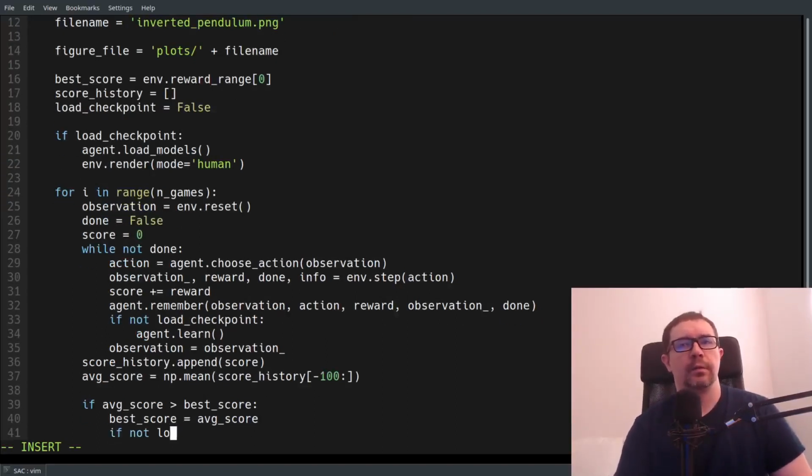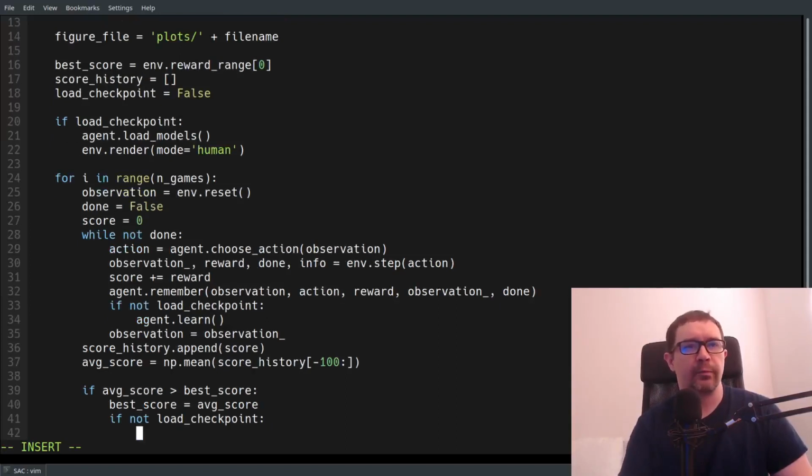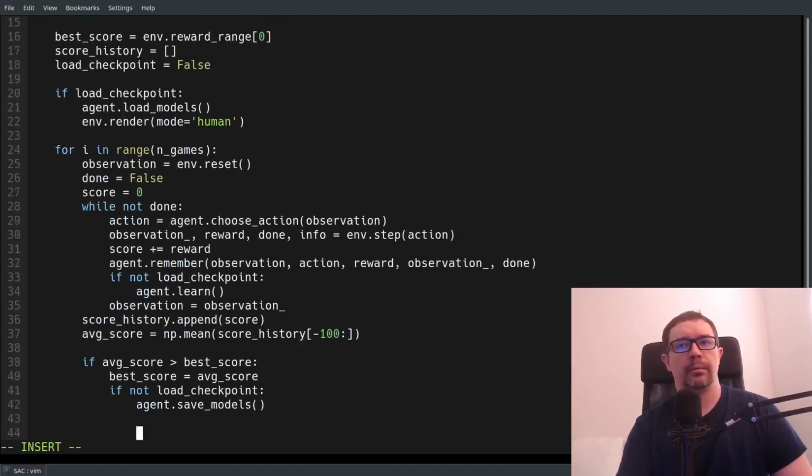If not load checkpoint, so if we're not evaluating, then save the model.